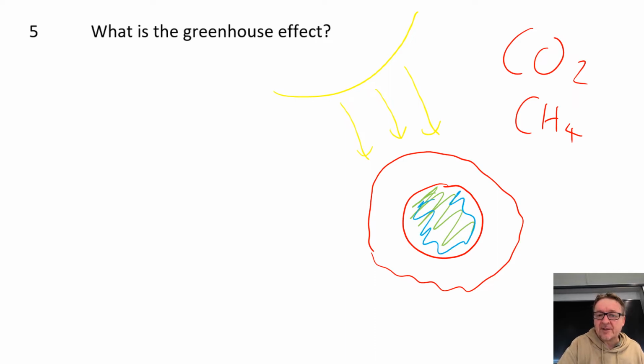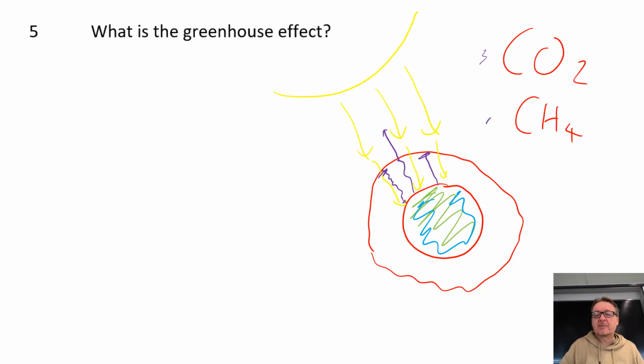What happens is the sun's heat hits Earth, and then it turns into, I should have done it in red, heat, and the heat rises. Some of it escapes, a lot of it gets trapped by the blanket of carbon dioxide and methane.